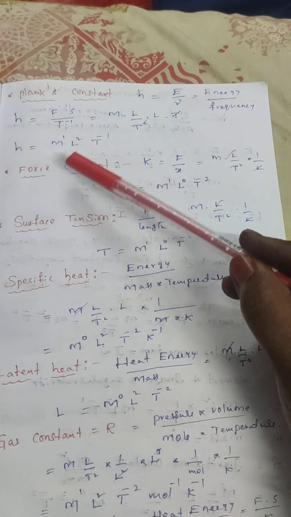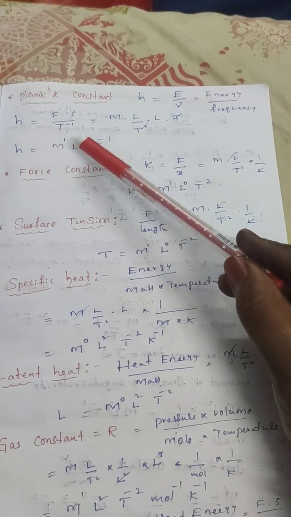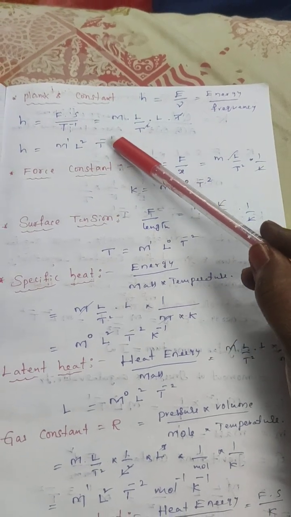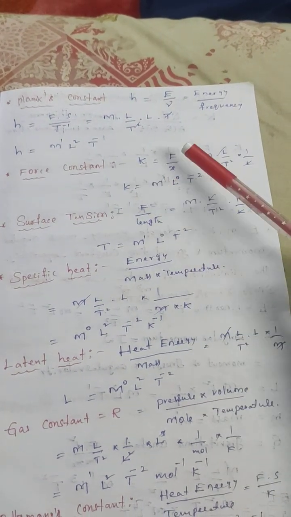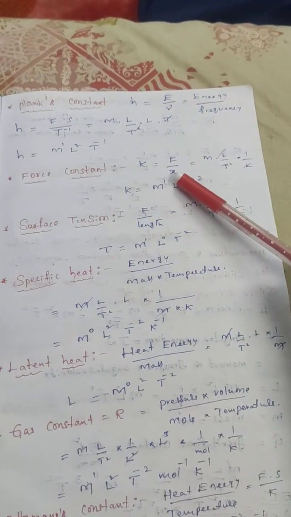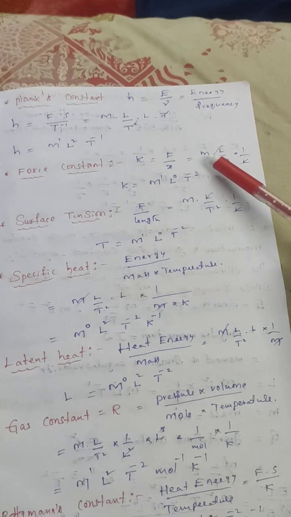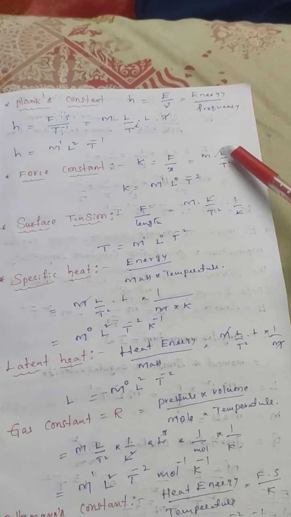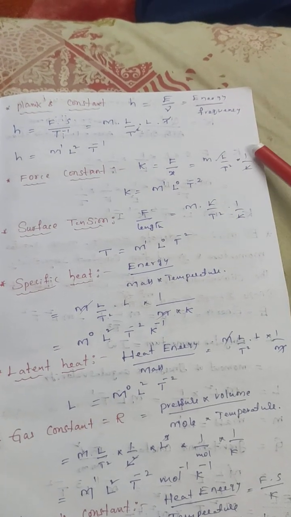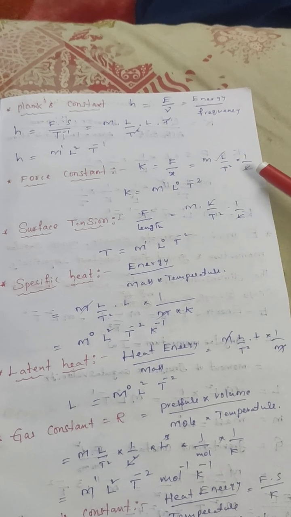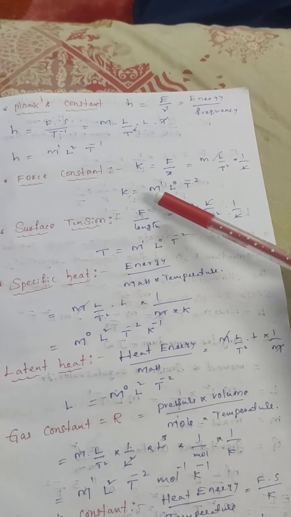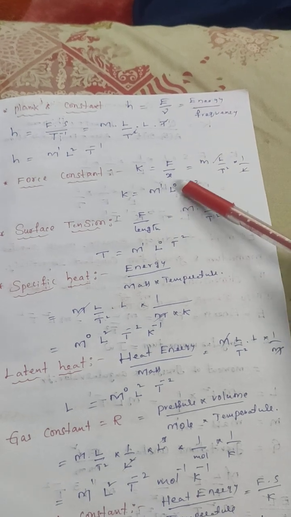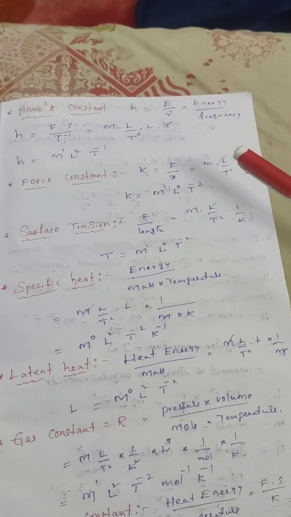Finally, Planck's constant m power 1 L square t power minus 1. Next, force constant. Force constant K is equals to force by distance. Force is m into acceleration L by t square, 1 by L. Displacement is L. L gets cancelled. Force constant dimensional formula m power 1 L power 0 t power minus 2.